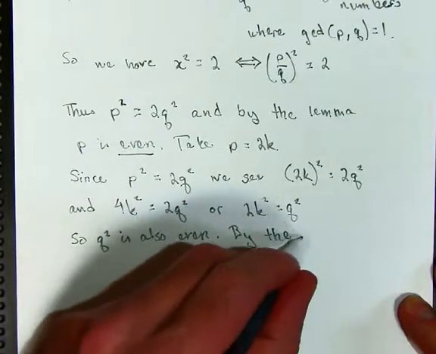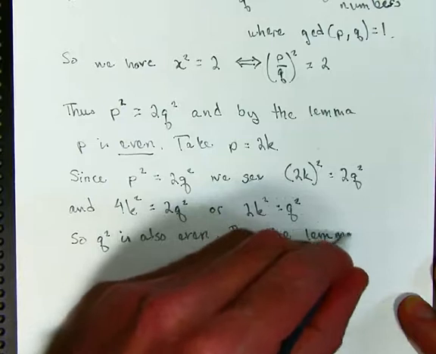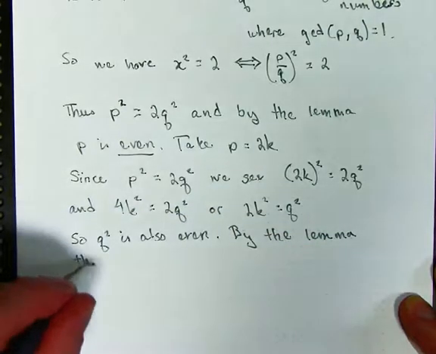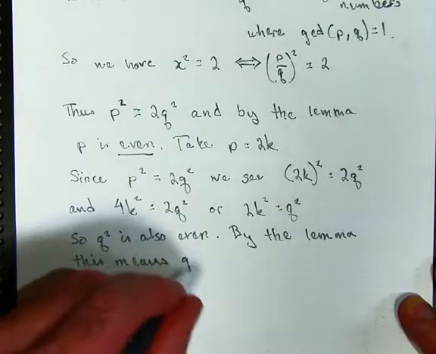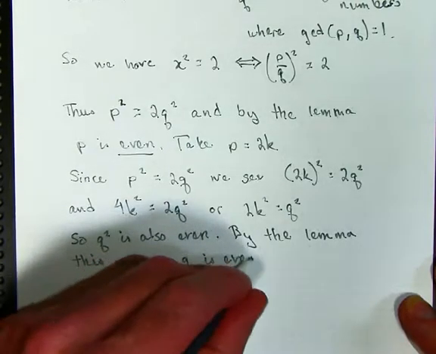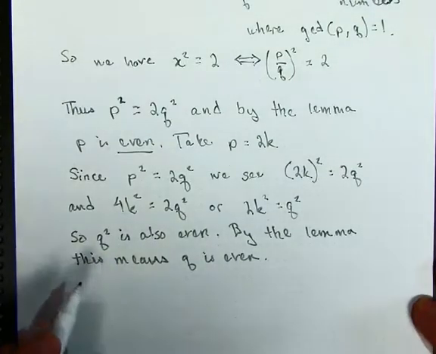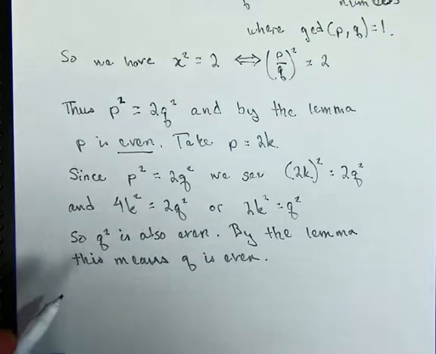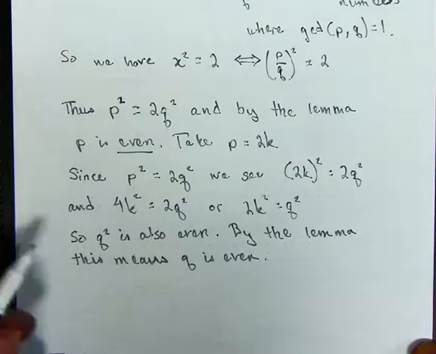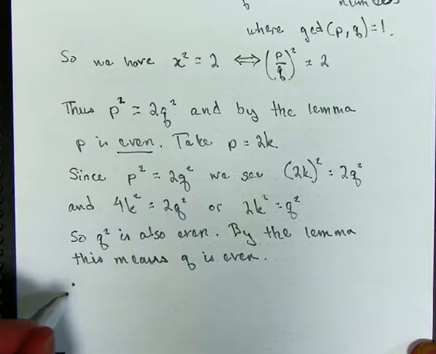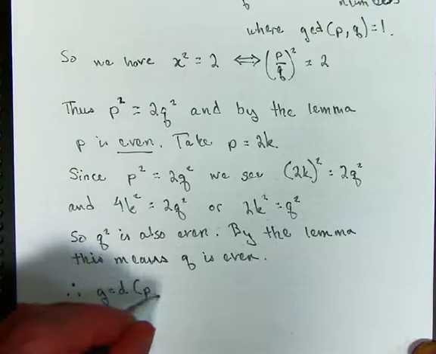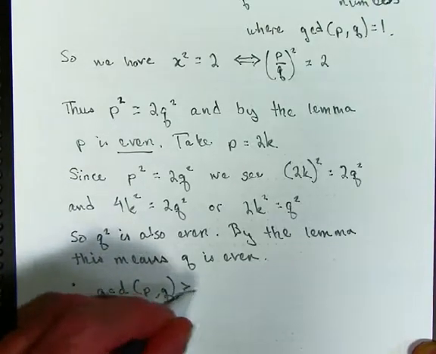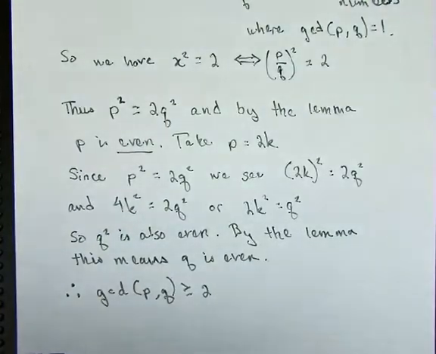By the lemma, this means q is even. Since p and q are both even, we've got two numbers that are divisible by 2. Therefore, the GCD of p and q has to be at least 2.